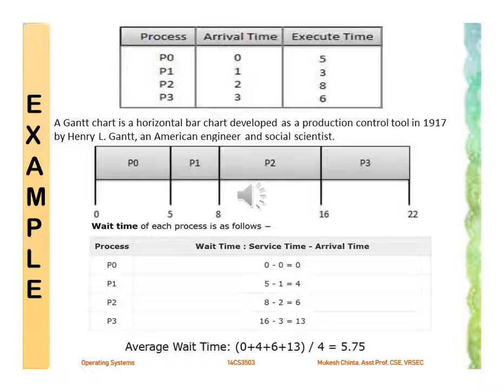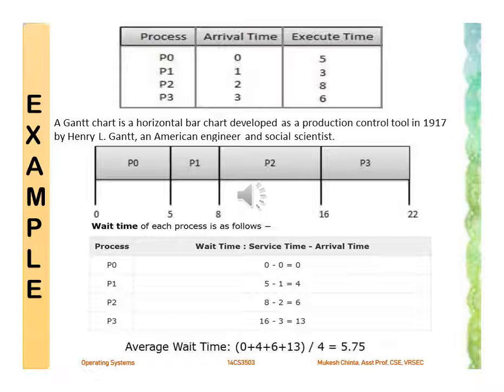Example of this first come first serve basis. Here four processes, P0, P1, P2, P3, are waiting for execution, with arrival time and execution time given. In this example, we see how many processes there are, their arrival times, and the time each needs for execution.